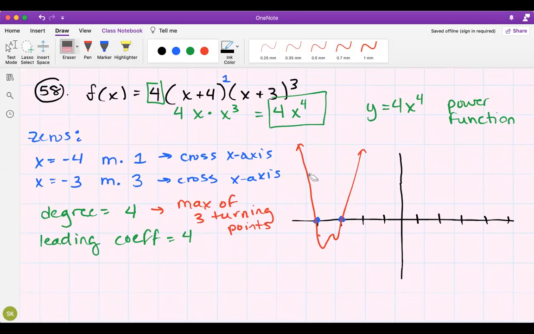Okay, so let's find a few extra points. So if we plug in, let's find the y-intercept.